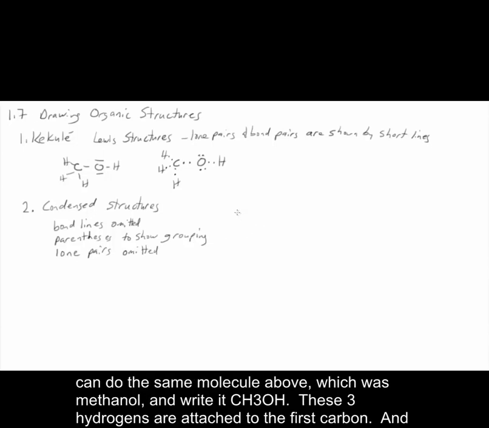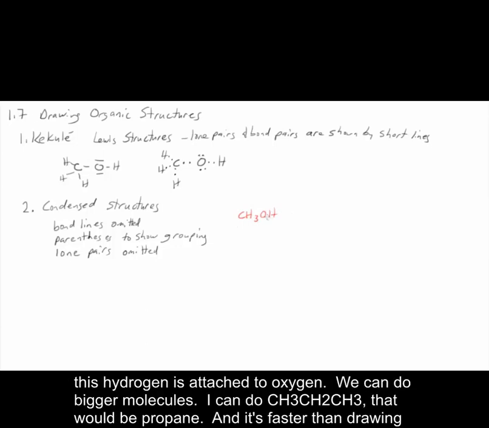And lone pairs are also omitted. So I can do the same molecule as above, which was methanol, and write it CH3OH. These three hydrogens are attached to the first carbon, and this hydrogen is attached to oxygen.